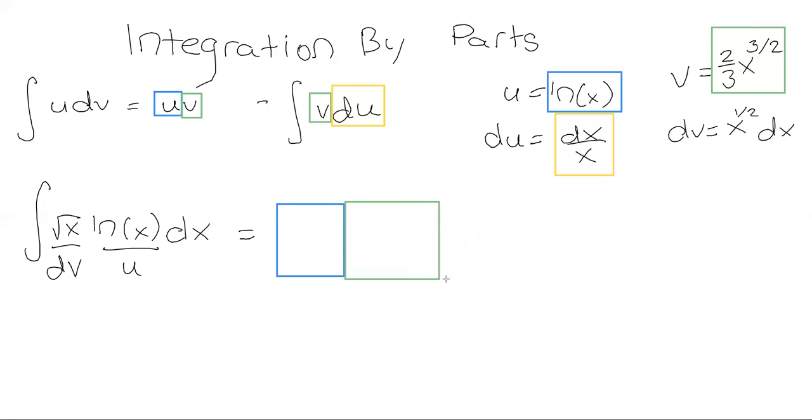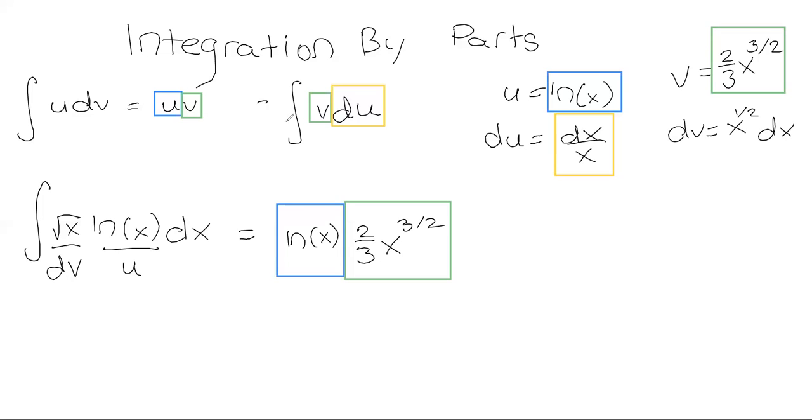I don't know if you guys are visual learners, but I consider myself to be a visual learner. When I was first taking calculus, I color coded everything, and it just helped me understand things a lot better. So maybe you'll understand things in a similar way, but I think it's really helpful to do it this way. So uv, u is in blue, that would be natural log of x. And then v is going to be 2/3 x to the 3/2 power.